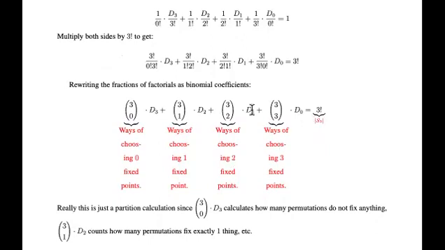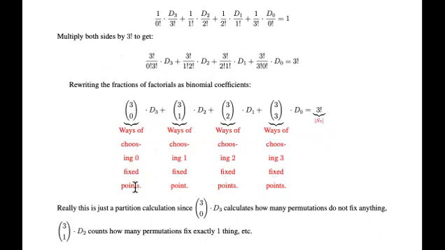Well, notice this is just a partition calculation, because this counts the number of ways of choosing 0 fixed points for a permutation, the number of permutations with 1 fixed point, then with 2 fixed points, 3 fixed points.